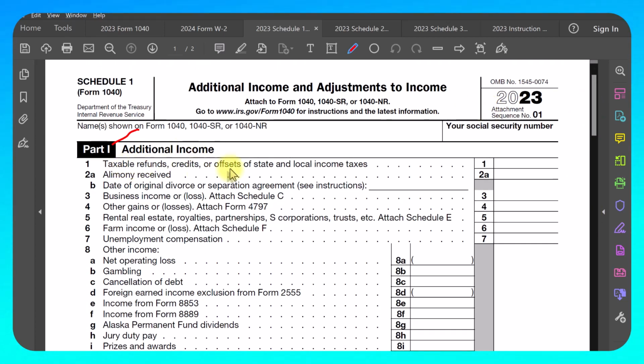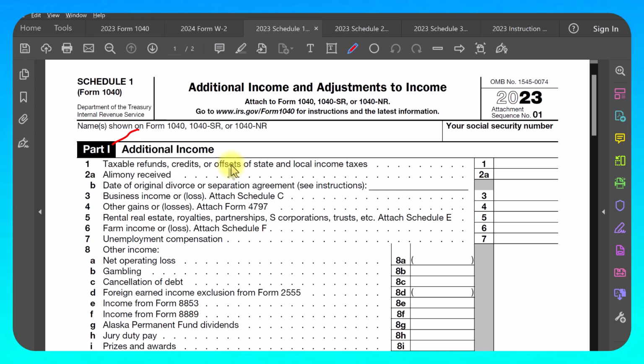Let's say that you receive a state income tax refund. You're going to get a Form 1099-G from the state government telling you how much refund you received for the year. Typically, the refund you receive is based upon too much tax being paid in the previous year.